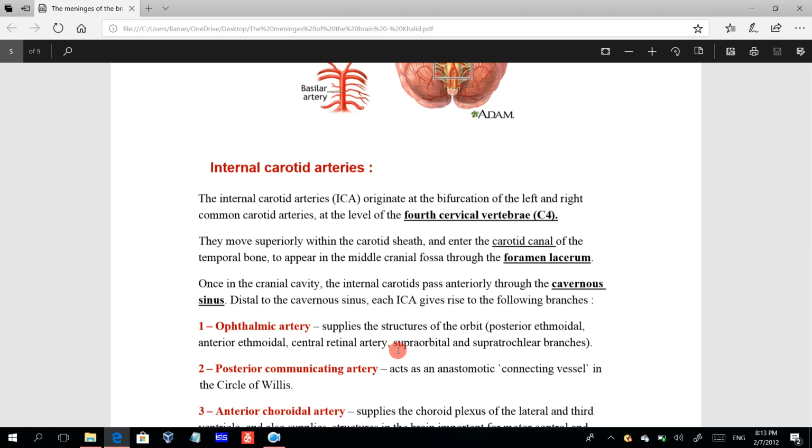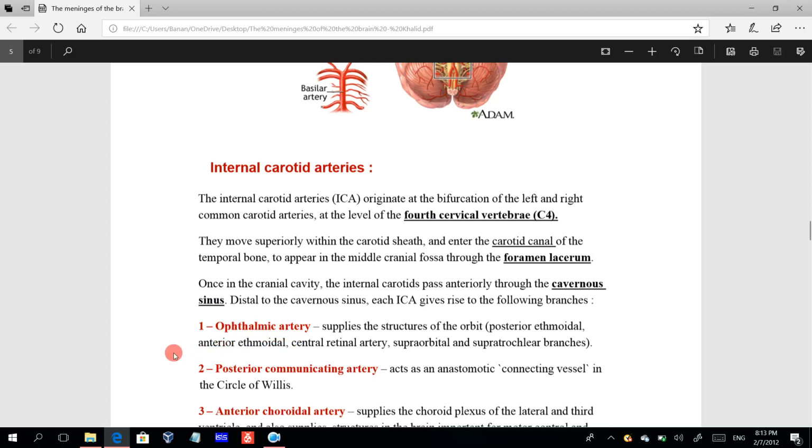Of course, the ophthalmic artery enters the orbit through the optic canal with the optic nerve. So this branch is the first branch given by the internal carotid artery.